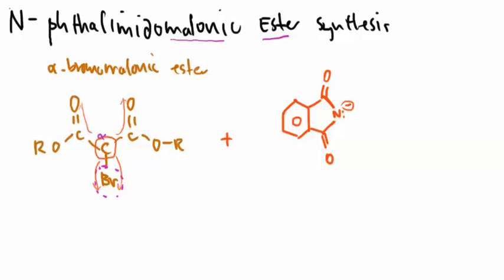So this area is a positive area for the molecule right here at this carbon, and this nitrogen is a negative part, right? And we already know curvy arrow mechanisms tell us that negatives attract to the positives, and I see an attraction that happens between the nitrogen in the phthalimide and the carbon involved in the malonic ester.